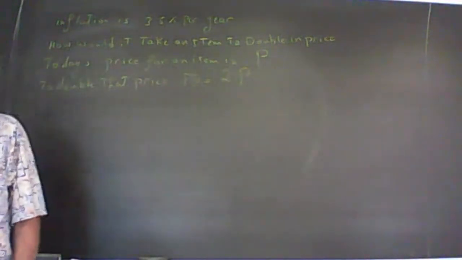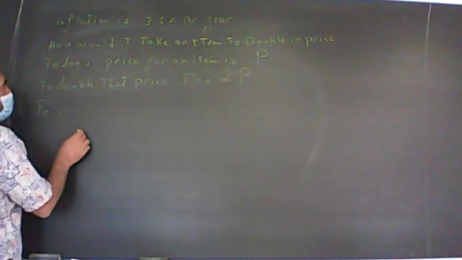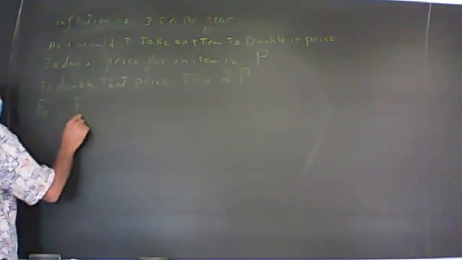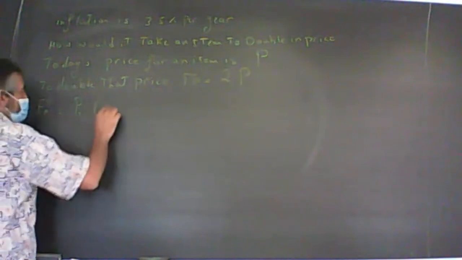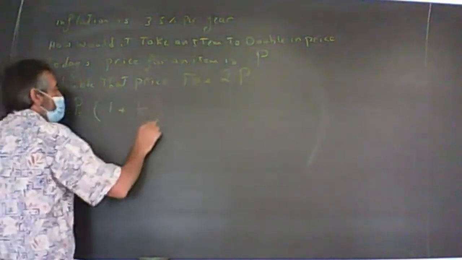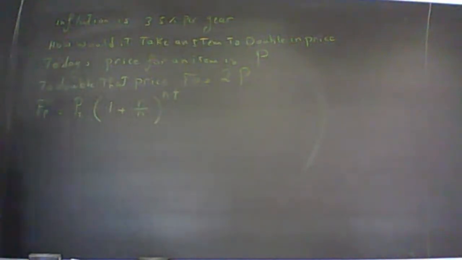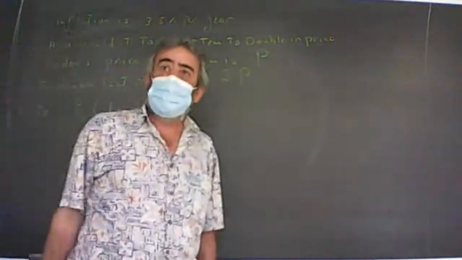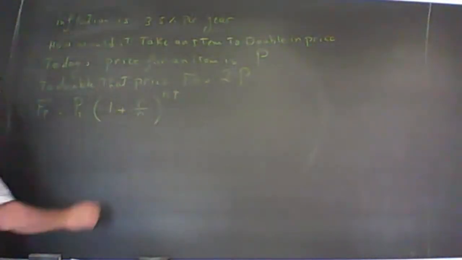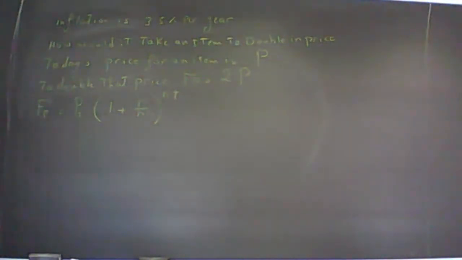Okay? So now we're going to use the formula for compound interest. The future price is equal to the present price, the price at today's time, times 1 plus r over n to the power nt. We said the inflation is happening once a year, right? So in this case, n equals 1.